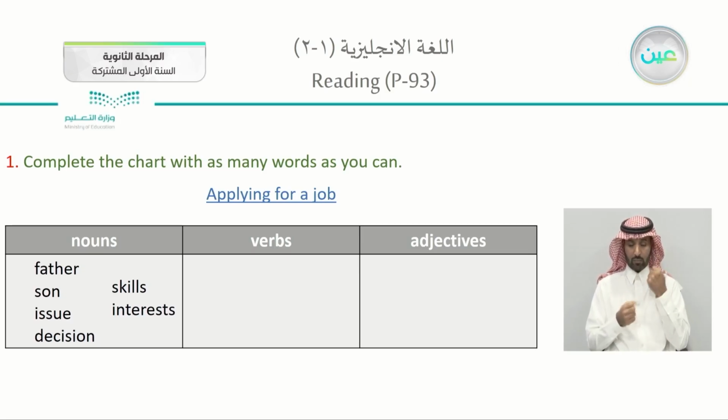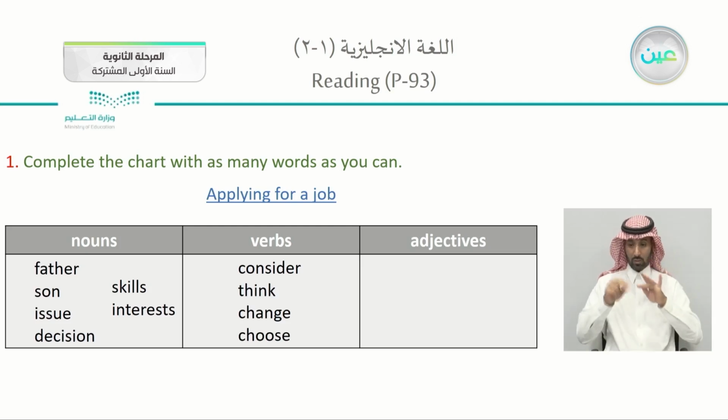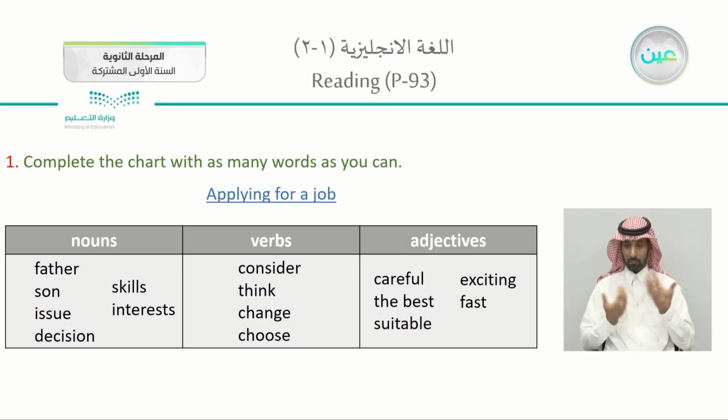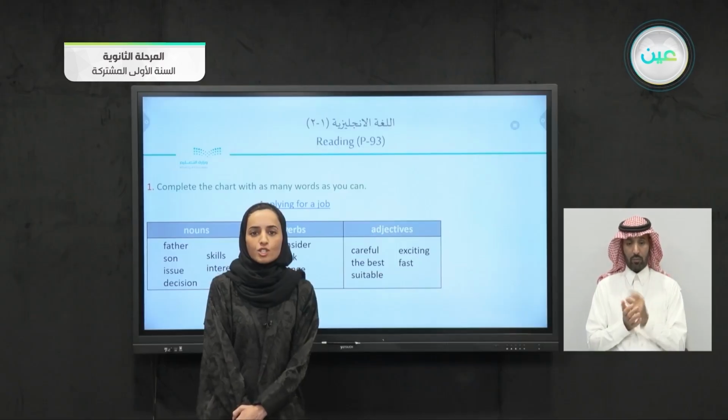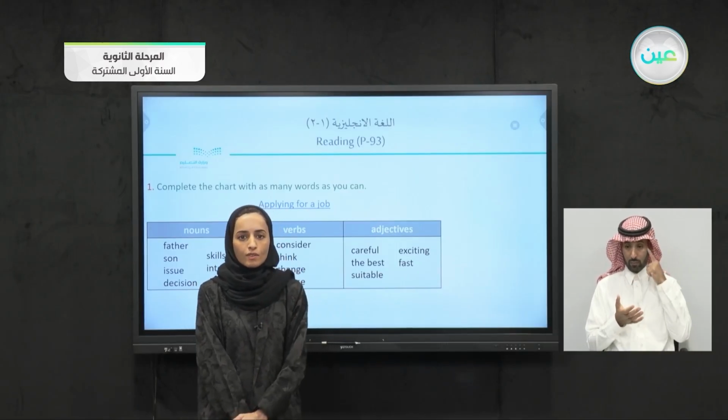How about the verbs? A verb I can use consider, think, change, and choose. These are some of the verbs that I can use. Adjectives to describe the noun: careful, the best, suitable, exciting, fast. So these are some of the adjectives, nouns, and verbs that we can use to come up with the advice.